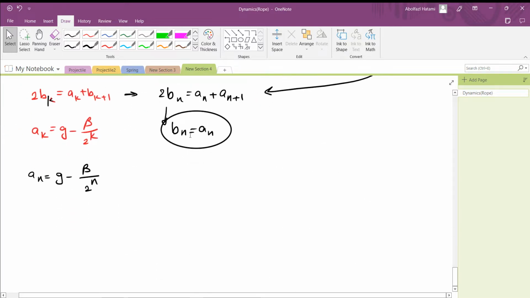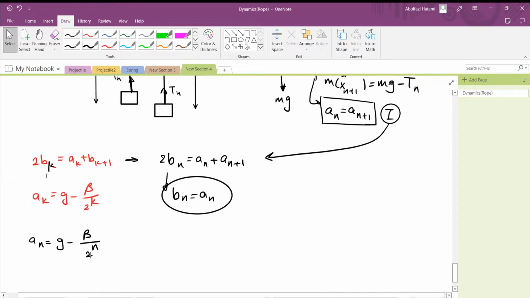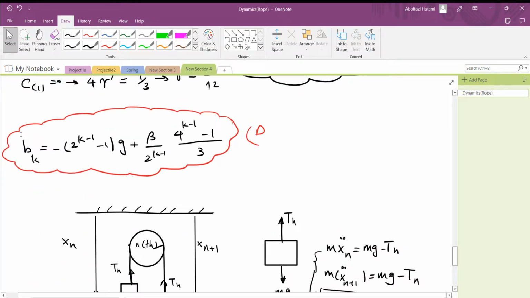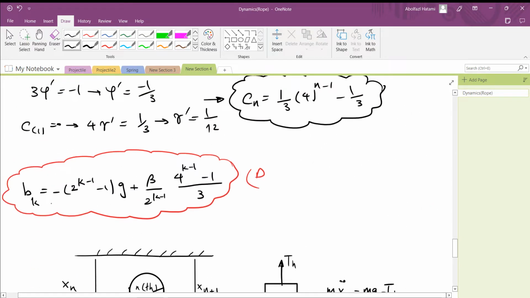I know that an is equal to bn, and also I have bn from here, because I have bk, so I have bn. What is bn? bn is just an, which is g minus beta divided by 2 to the power n, and it is equal to the right side of this equation, but with a different k, which is n.